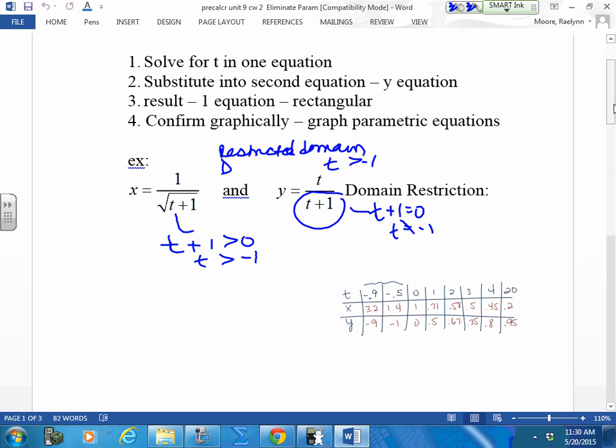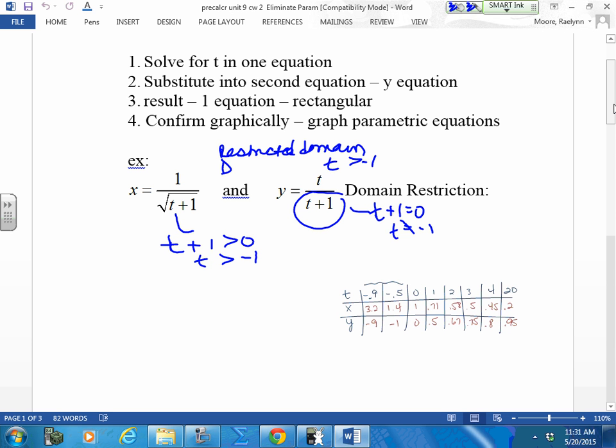We can't do a -1, but I put a -0.9, I put a -0.5, just so that you would see that those have values. And that's where your XY values are coming from. So if you graph both of these in your parametric equation, you're really only going to see a little bit of a piece of this.